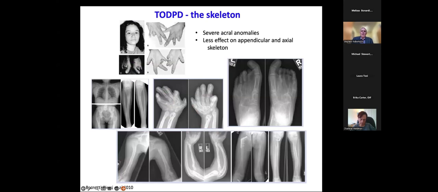Here are the skeletal manifestations of this female limited condition. So, as is perhaps predicted from the clinical appearances, we have a pronounced dysplasia in the acral regions of the limbs, with some manifestations in the appendicular and axial skeleton, but they're typically much milder than is seen distally.